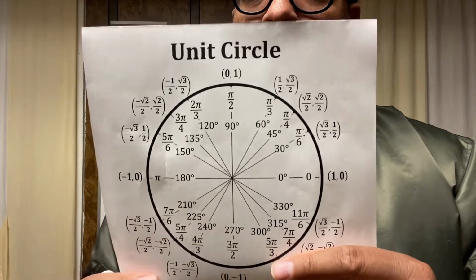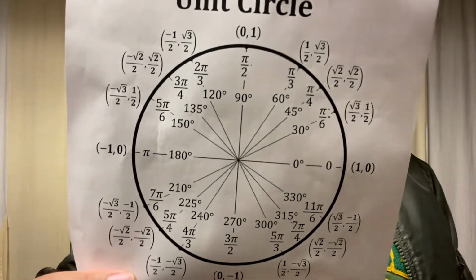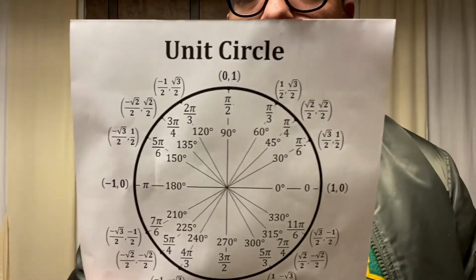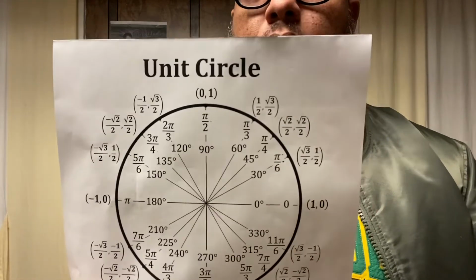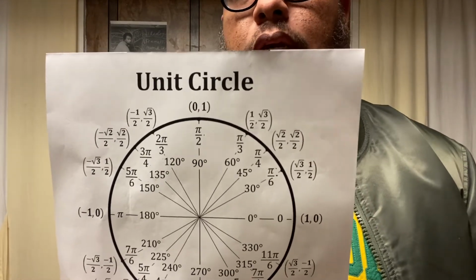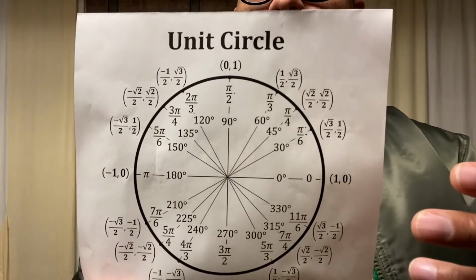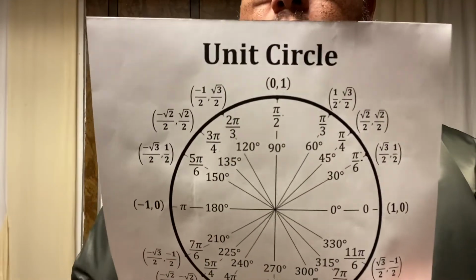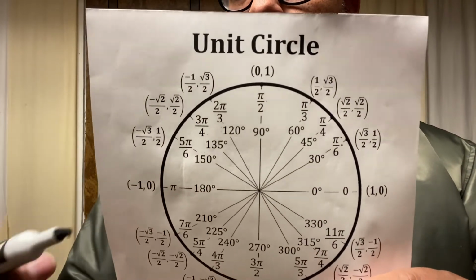There's also a trigonometric ratio table you can download online that has sine, cosine, tangent, secant, cosecant, cotangent for the most popular angles as well. So you won't necessarily have to do the calculations. But I'm looking for the angle that has a cosine of 1/2.